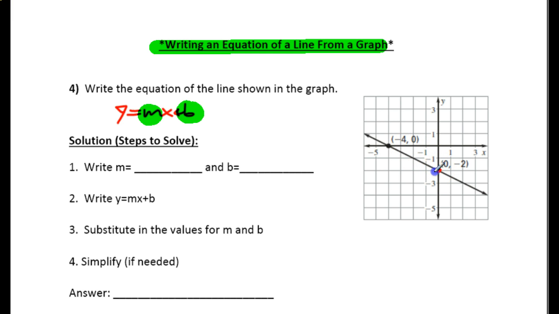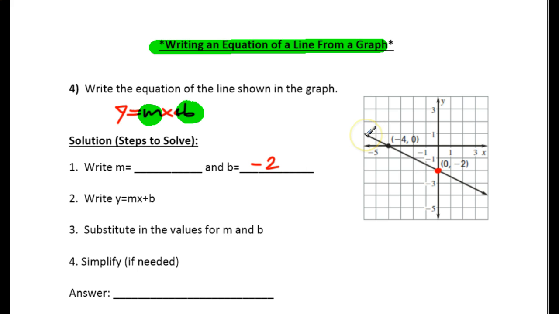Just like that's how you always started. You always started with the y-intercept. Make sure you get the y-intercept, not the x-intercept, where it crosses the y. Okay? Now this is a point, but I only need the y value. So this crosses the y-intercept at (0, -2), which you'll see here, right? So the b, or my y-intercept, is -2.